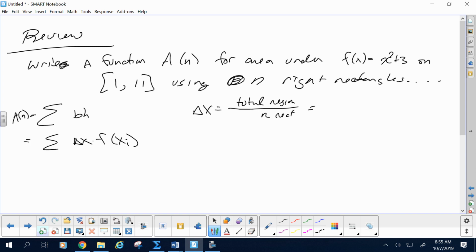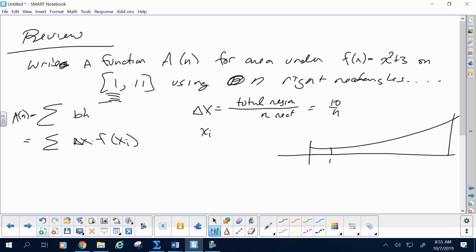So in this case, delta x is 10 over n. The x sub i, a little more complicated, but if you started at 1 and went over a single delta x, wouldn't this first x be 1 plus a single 10 over n? Yes? And therefore the first height would be the function at 1 plus 10 over n.